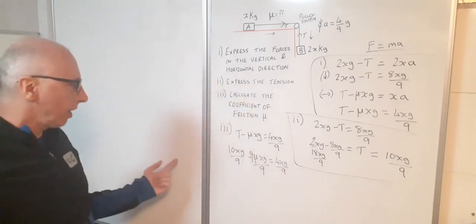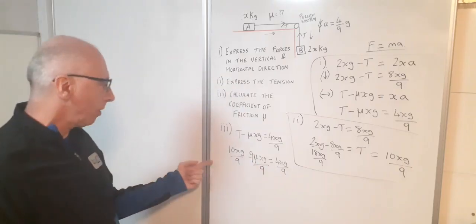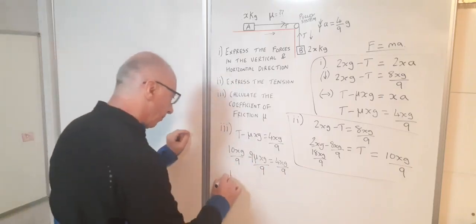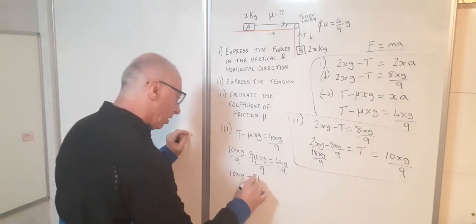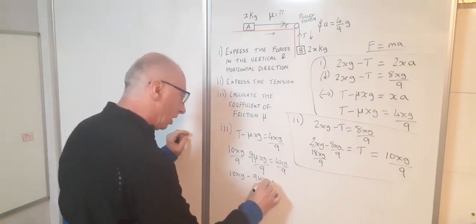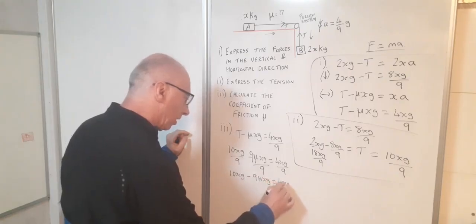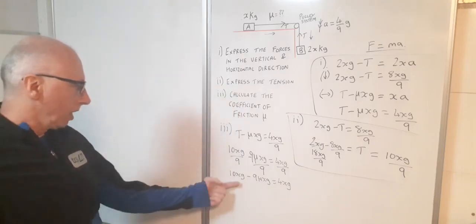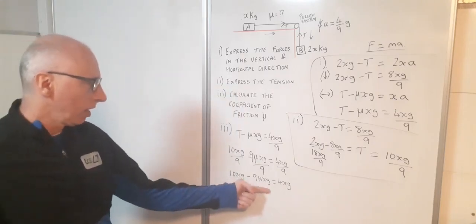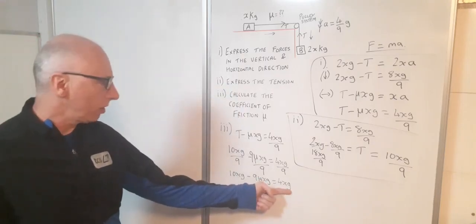So now everything is cleared of the denominators. So now I can just write 10xg minus 9 mu xg equals 4xg.